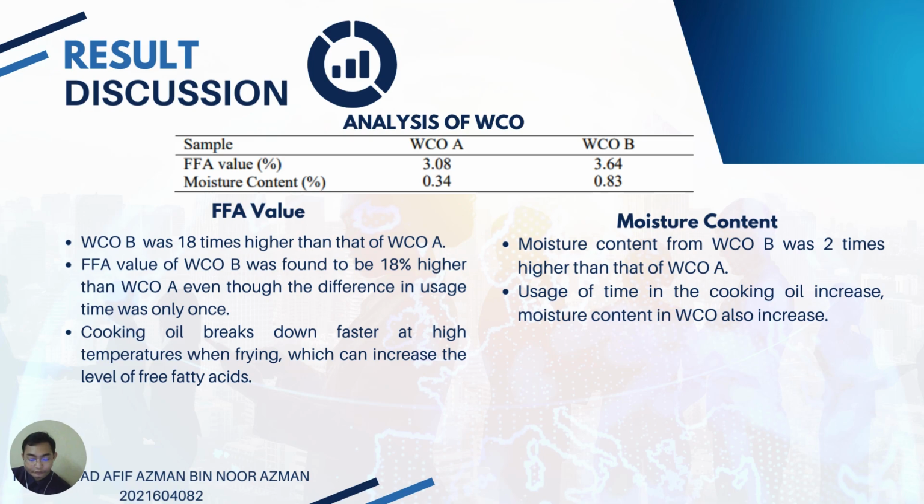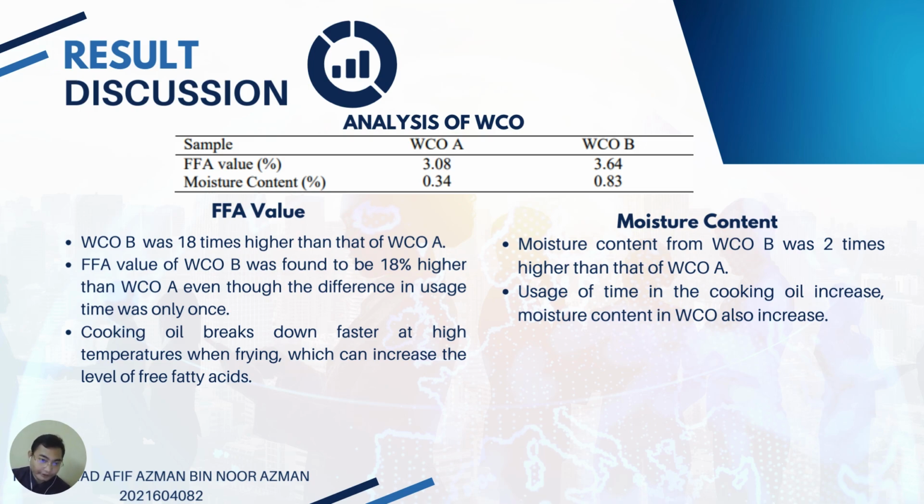The FFA value in the WCOB increased due to the thermal degradation from the repetitive usage of cooking oil, and the higher temperature while frying is also a factor that can increase the level of free fatty acid.